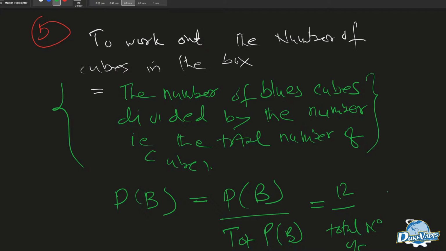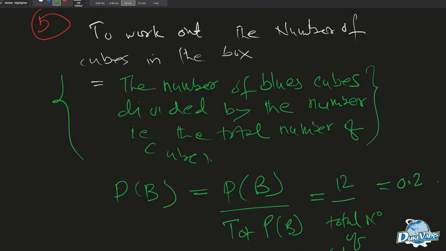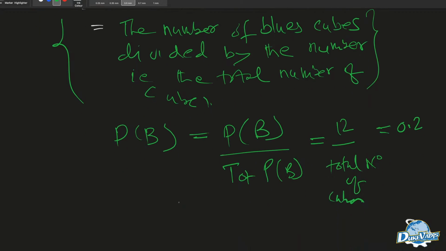Now we know that our probability is given as 0.2. So let's call the total number PT. This implies that 12 over PT should be equal to 0.2.